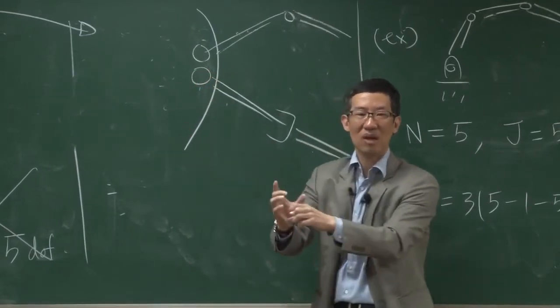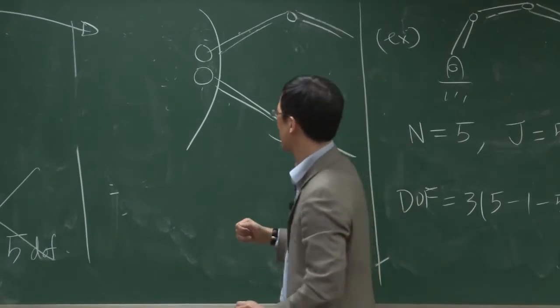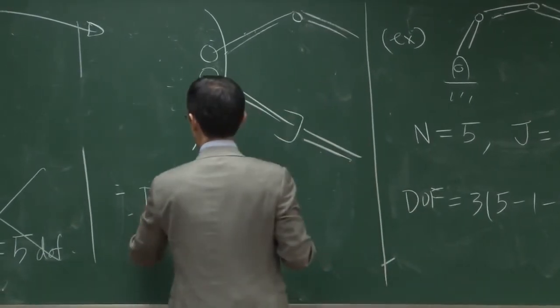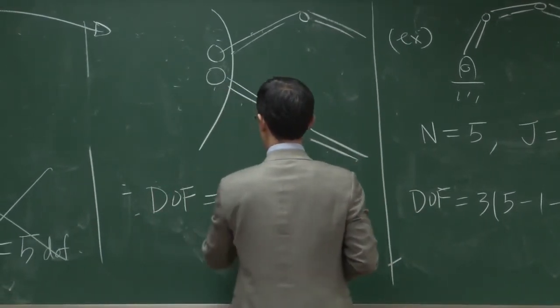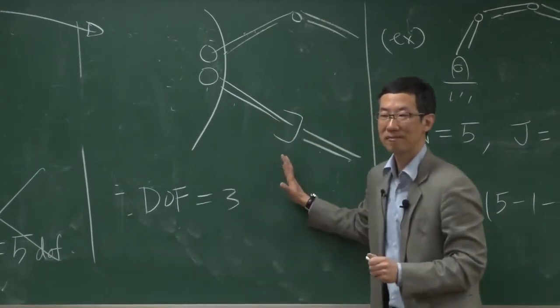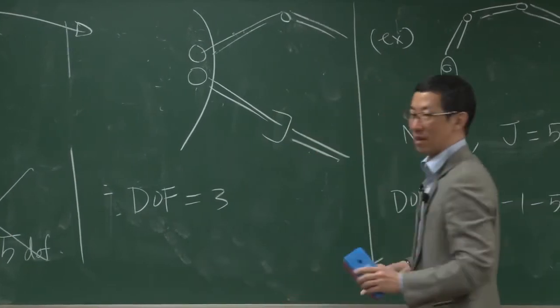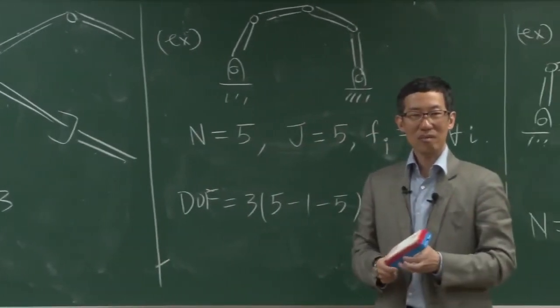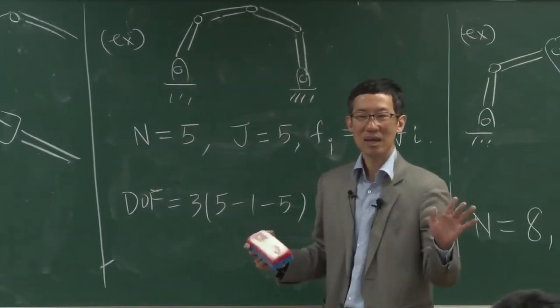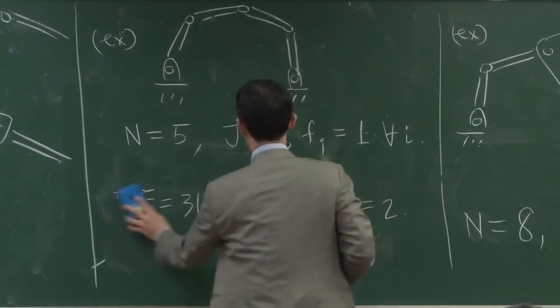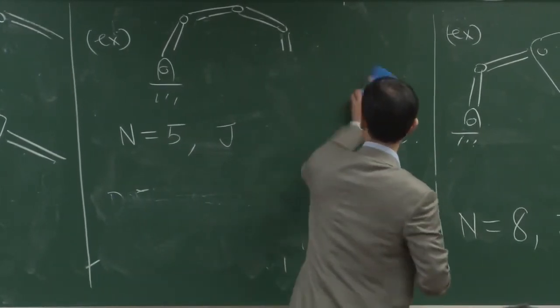They just happen to be overlapping. So, in fact, the DOF is still 3. So looks like Grubler's formula is still okay, we can still believe it as long as we interpret the joints correctly.